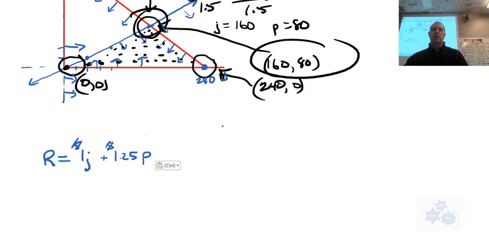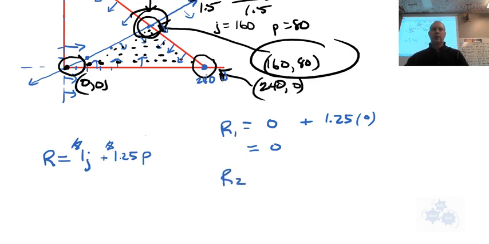Okay? So revenue 1 from point 0, 0 is going to be 0 times J plus 1.25 times 0, which is 0 anyways. So that revenue is 0, okay? That's probably going to be our minimum revenue, I'm assuming.